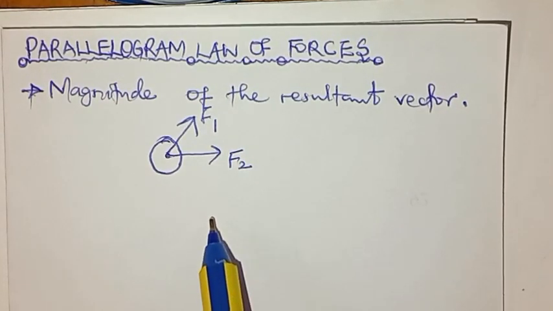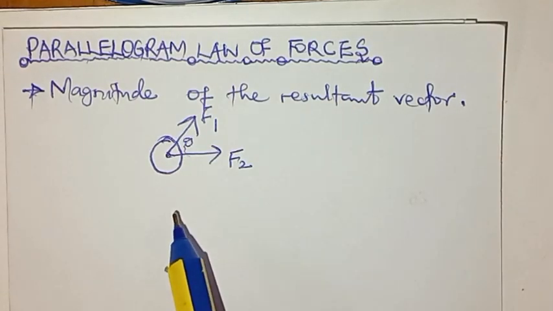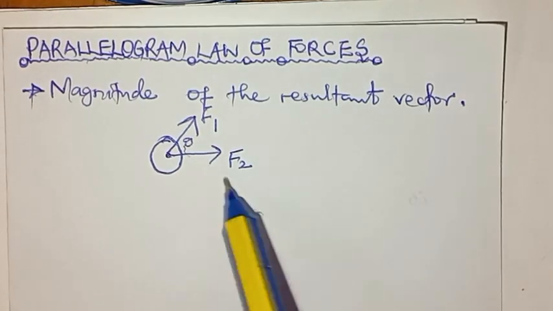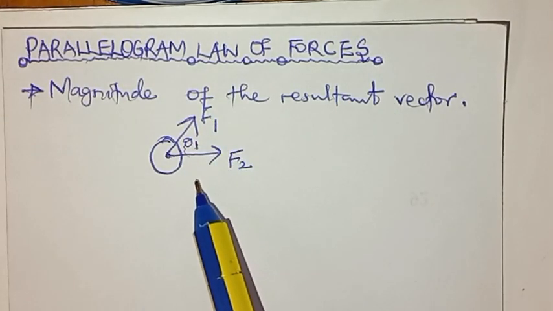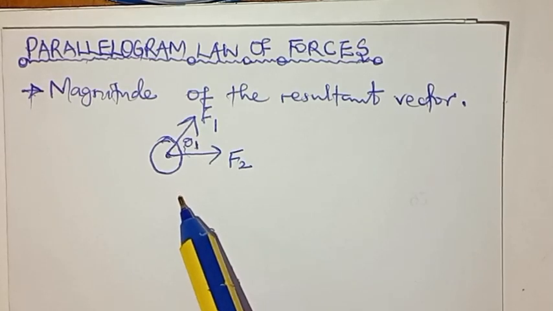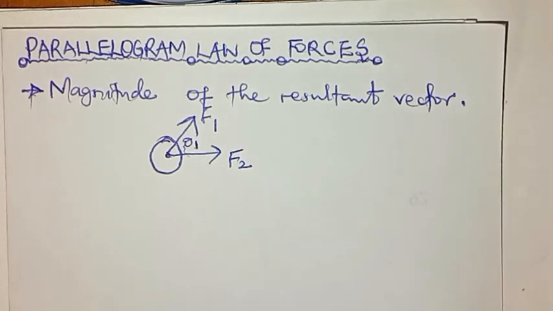In this case, there is an angle here, and again, the parallelogram law of forces qualifies to be our best alternative to handle such problems. Usually, the resultant vector of two adjacent forces is calculated using the parallelogram method, and it is the larger diagonal of the parallelogram.